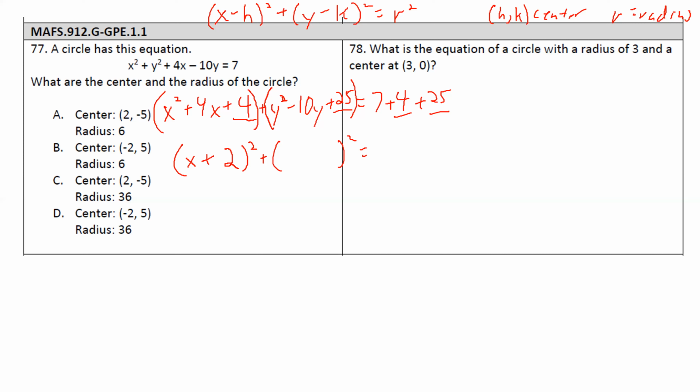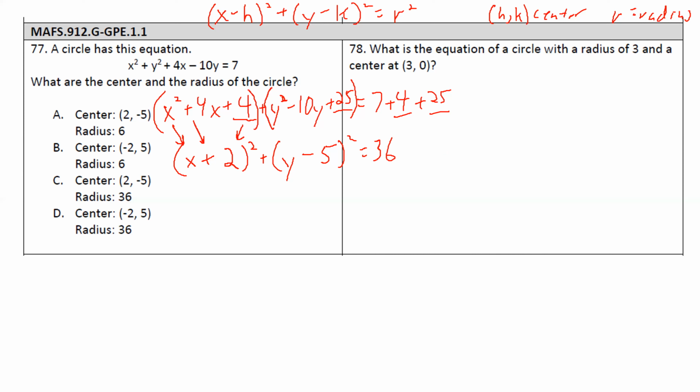Again, square root of the first term, square root of the last term, sign from the middle. Same thing here. So square root of the first term is just y. Square root of 25 is 5. And the sign in the middle this time is negative. So we have the first half of this equation. The other side of the equal sign, we're just combining all these values, which all add up to 36.